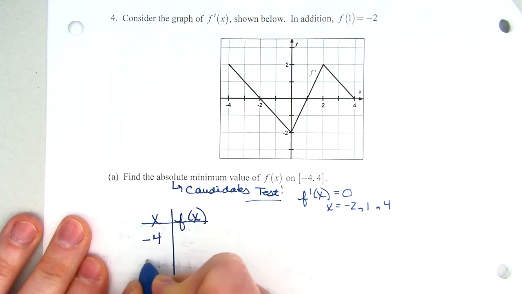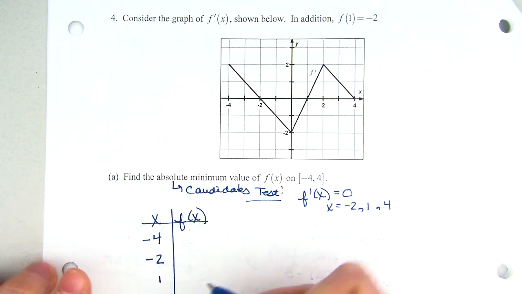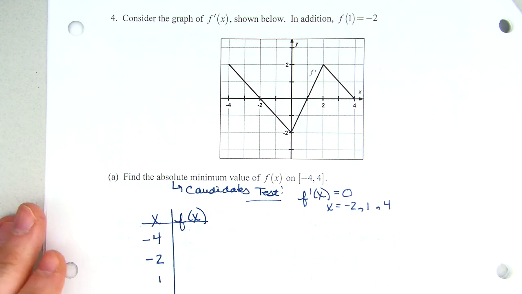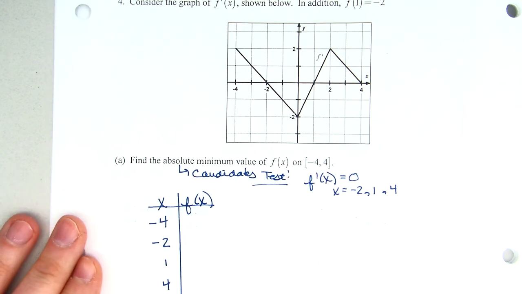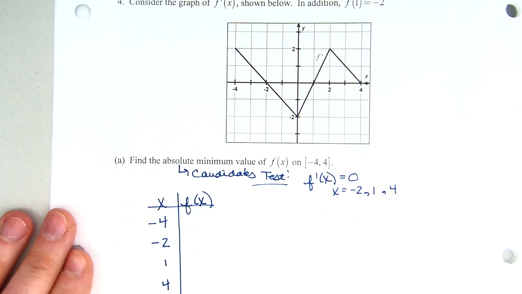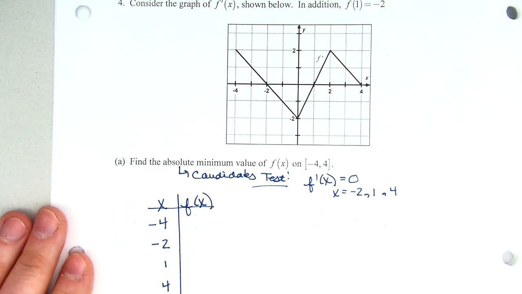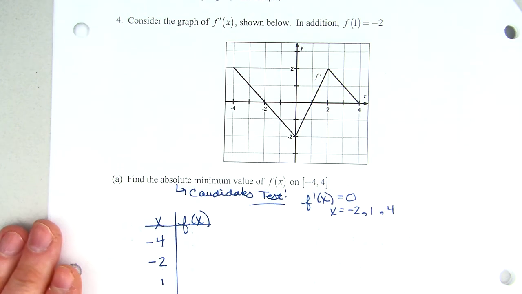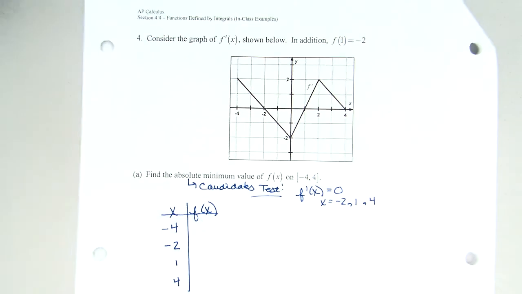Negative 4, negative 2, 1, 4. And I need to find my f values. Well, the deal is, we don't have a function defined by an integral. I need to do what I did in the last problem and create a bunch of definite integrals to help me figure this out.